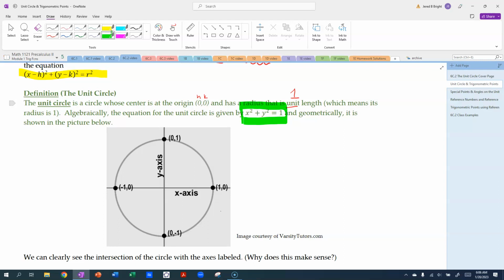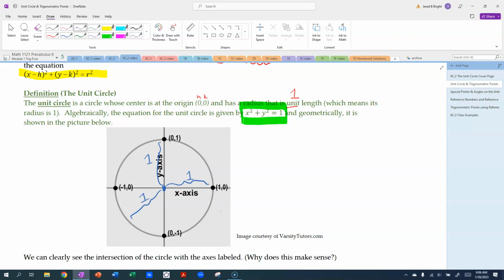Geometrically, we can see that equation expressed below. We have the origin right in the middle, and then we go out a distance of 1 in every direction, and we could even go out diagonally. From the origin, out is always a distance of 1.